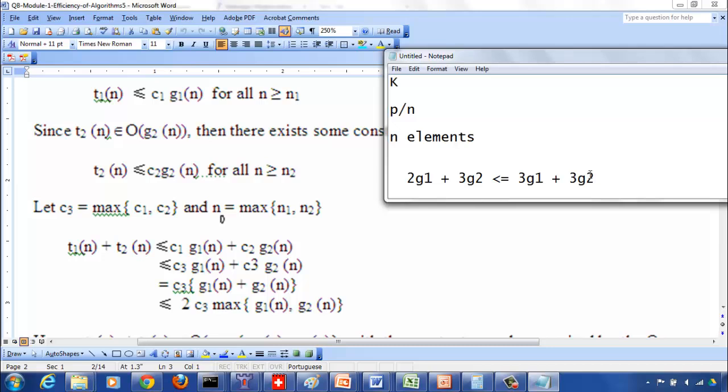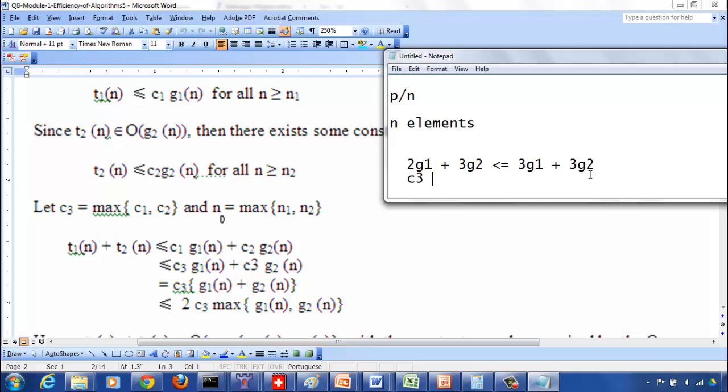That's what we have here. We have defined c3 to be the maximum of c1 and c2. So c1 g1 plus c2 g2 is less than or equal to c3 g1 plus c3 g2. Now I can take c3 as a common constant outside, and this is c3 times (g1 of n plus g2 of n).